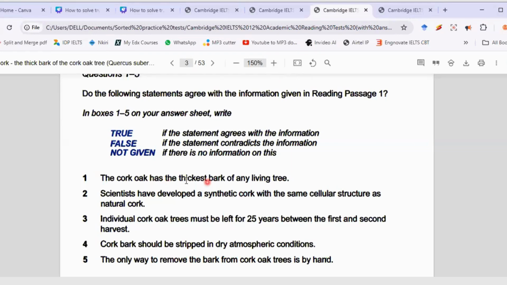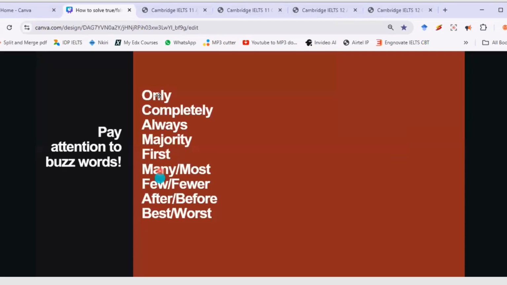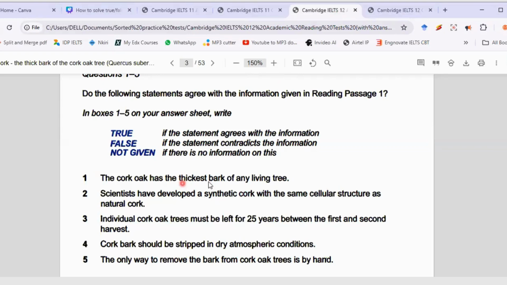Take note of this word, thickest. This is a comparative word. It's similar to those buzzwords I showed you earlier on. Anytime you see a comparative word in IELTS, let it register in your mind as a buzzword, like what we have here now. Thickest.